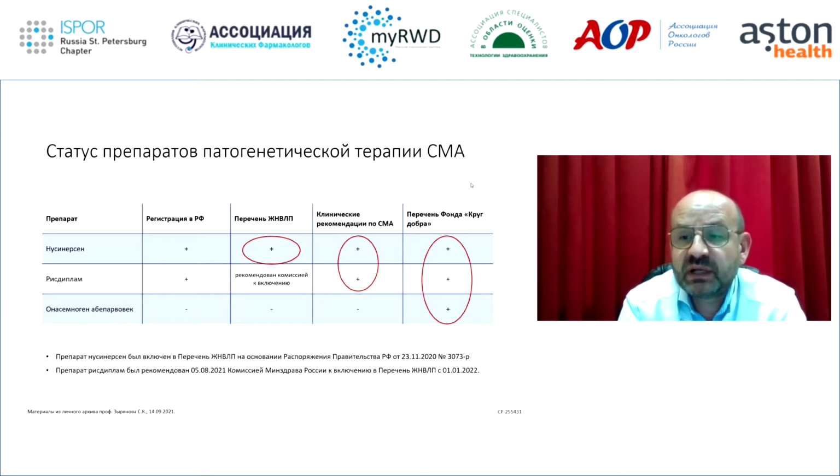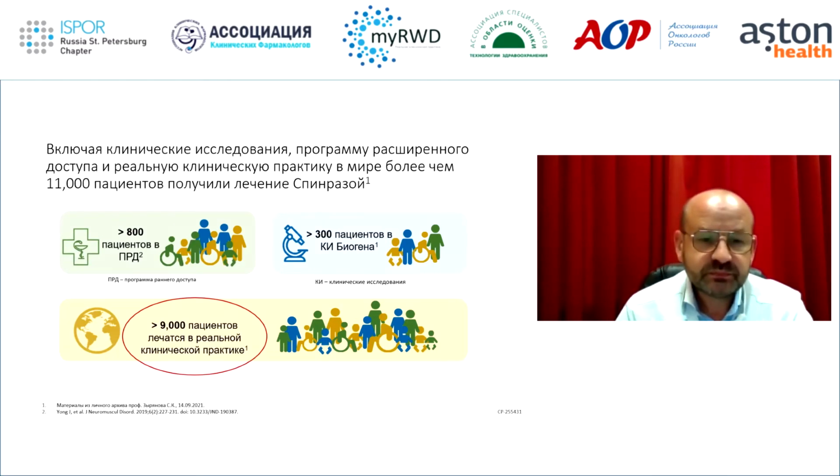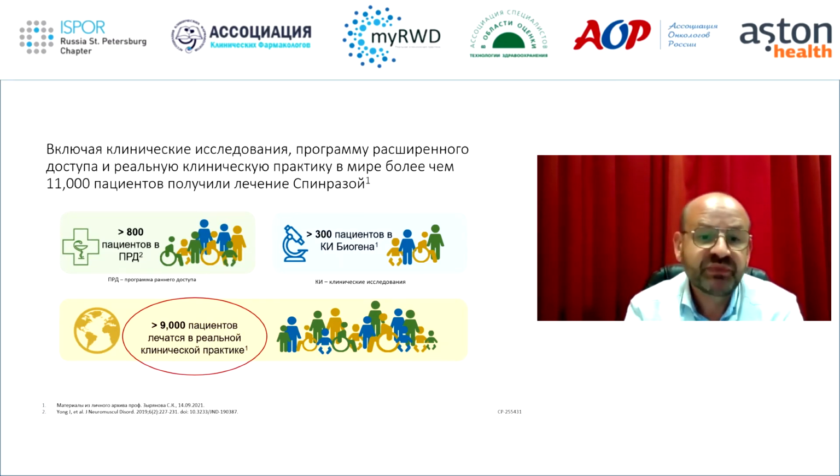And you know that we have a very famous project called the Circle of Goodness, and this organization provides funds even for unregistered drugs. So you can see 11,000 patients were treated with Spinraza, and 8,000 patients had early access to this drug.